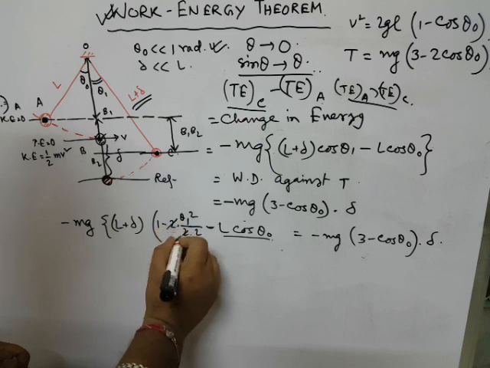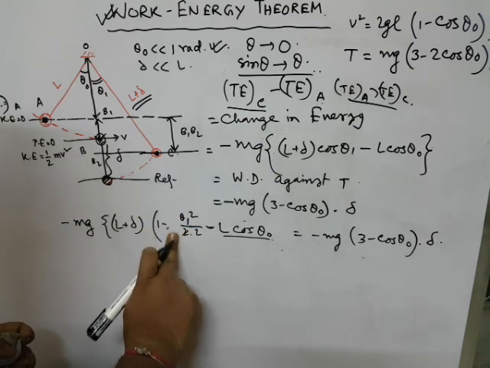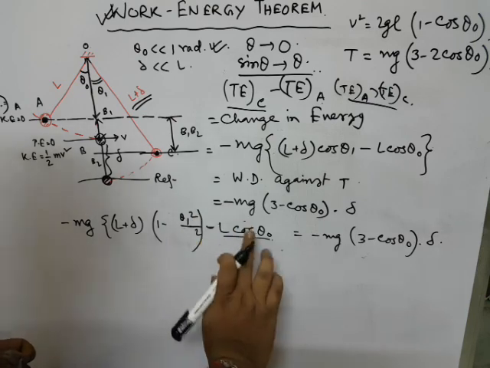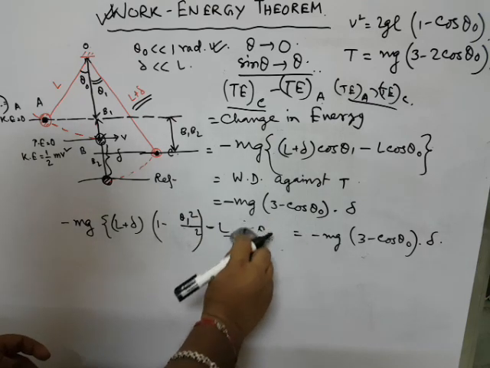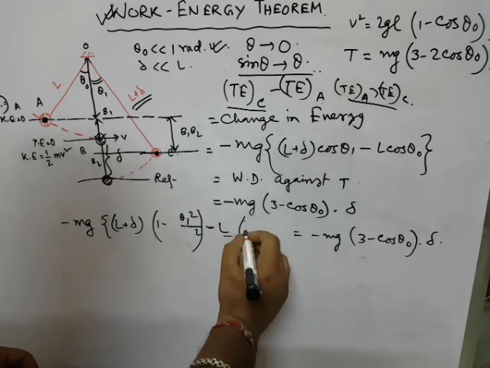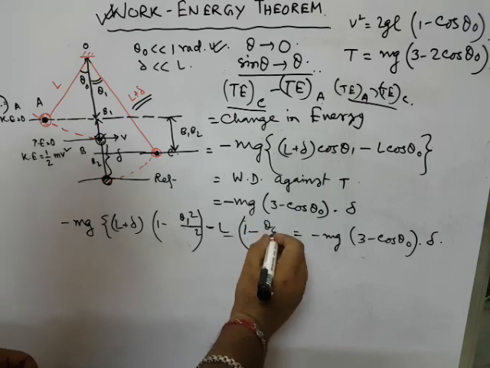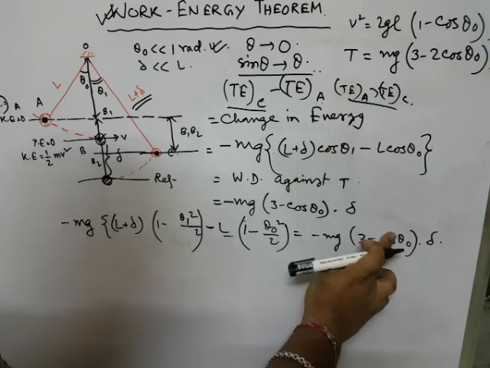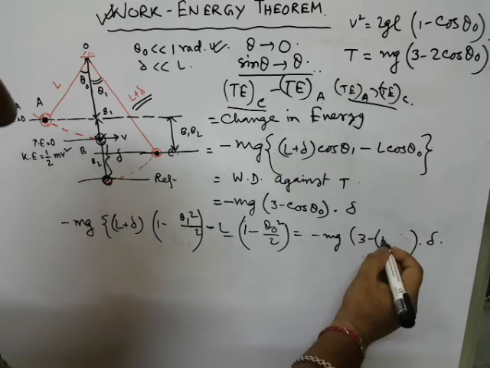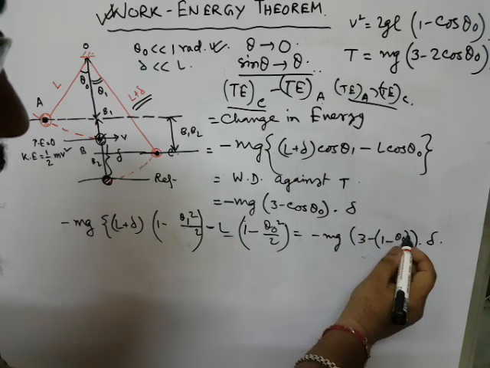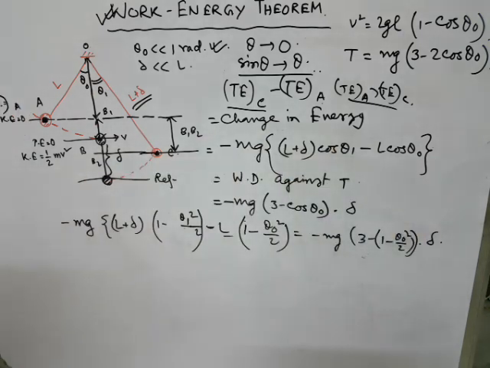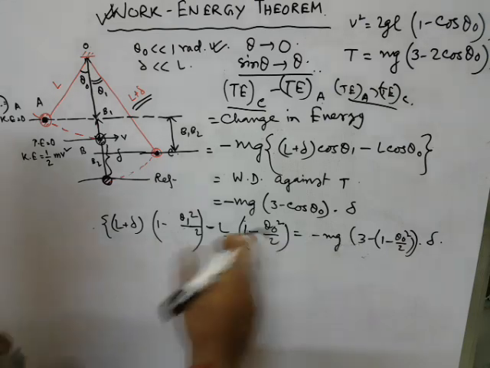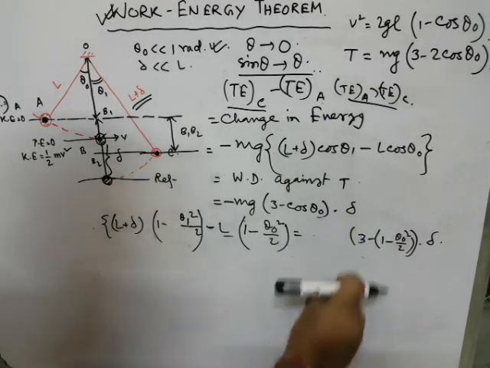In a similar manner, cos theta 0 is equal to 1 minus theta 0 square by 2. Okay, and we can cancel this minus mg from both sides.